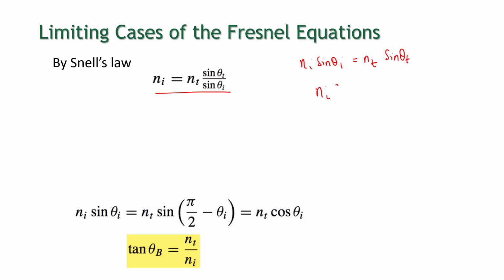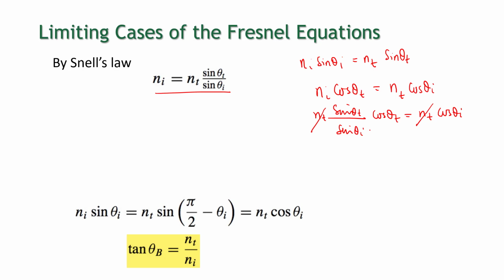If I plug this in here, I get Nt sine theta t cosine theta t is equal to Nt sine theta i cosine theta i. Cancel that, and then move this to the right side. I get that, right? So sine theta t cosine theta t is equal to sine theta i cosine theta i, right?